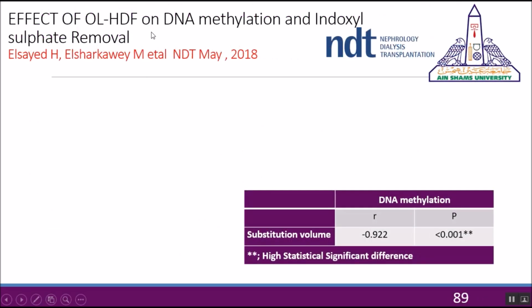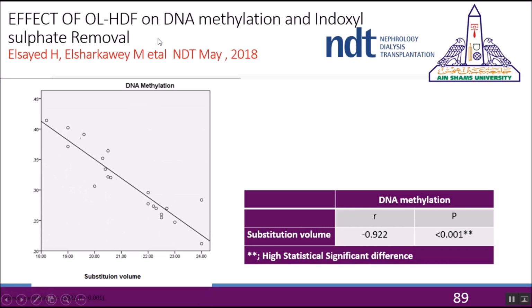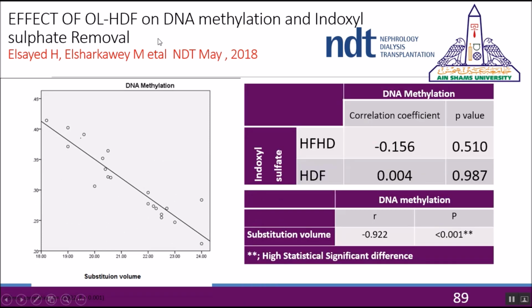Also, online HDF was studied for DNA methylation and indoxyl sulfate removal. We found that with online HDF, you have a better DNA demethylation effect. So online HDF can improve the DNA methylation caused by uremic toxins, in particular the protein-bound ones, while indoxyl sulfate, one of the protein-bound uremic toxins, could not be removed effectively by online HDF.